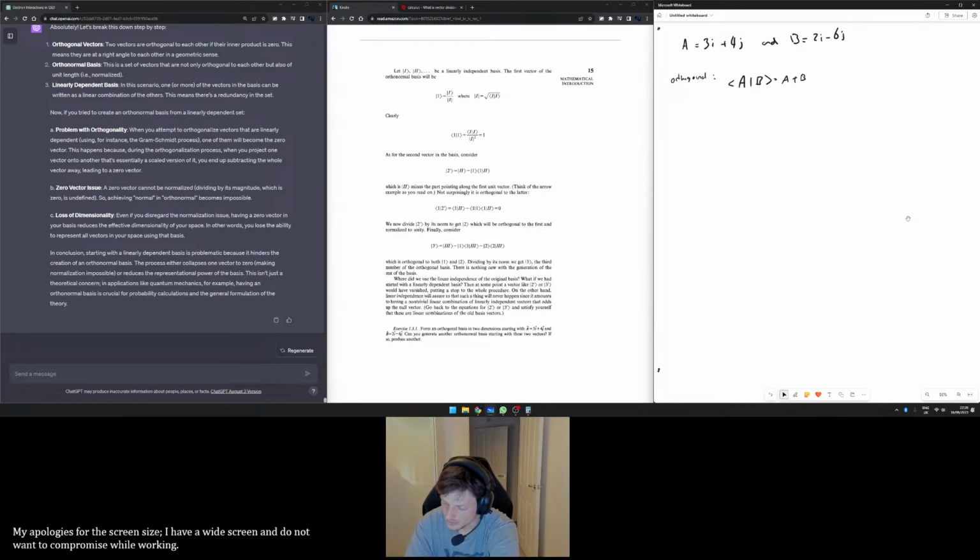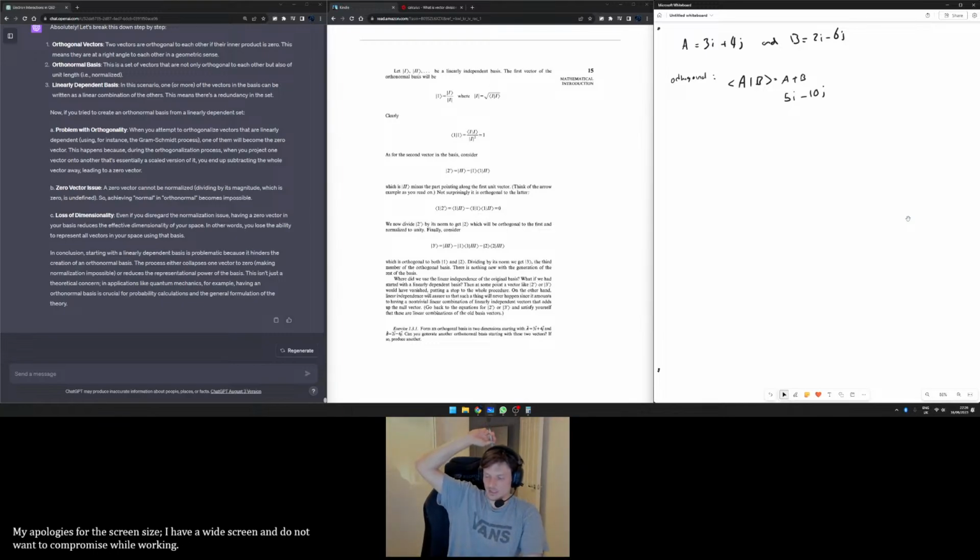So it'll be 3i plus 2i is 5i, and then plus 4j plus minus 6j is minus 10j. So I think because this is not 0, it's not orthogonal.